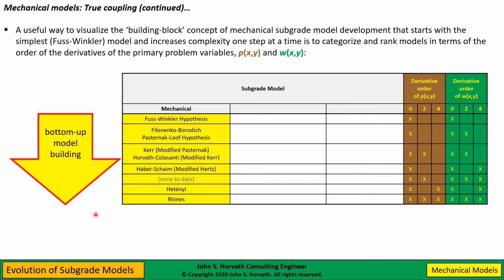So we can categorize mechanical subgrade models as what we might call bottom-up model building. We start with the simplest, the Fuss-Winkler hypothesis, just a layer of independent springs, and we keep on adding elements for as long as we like.